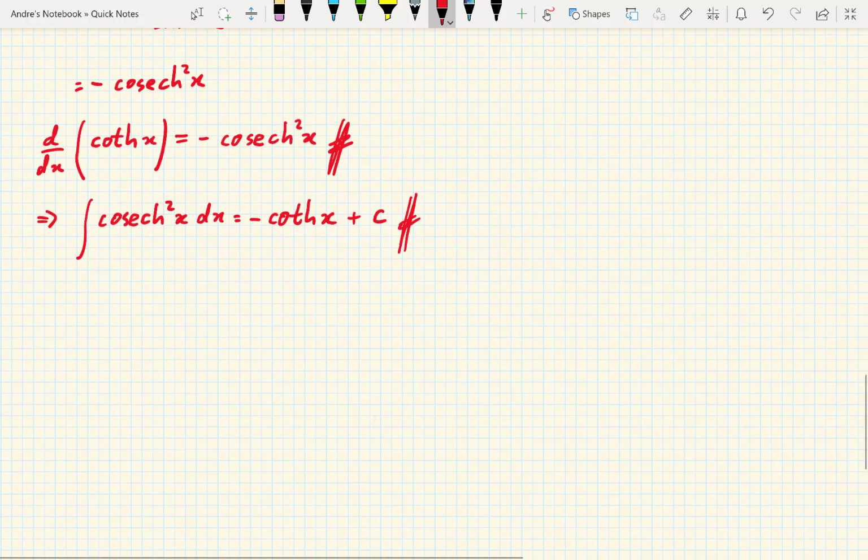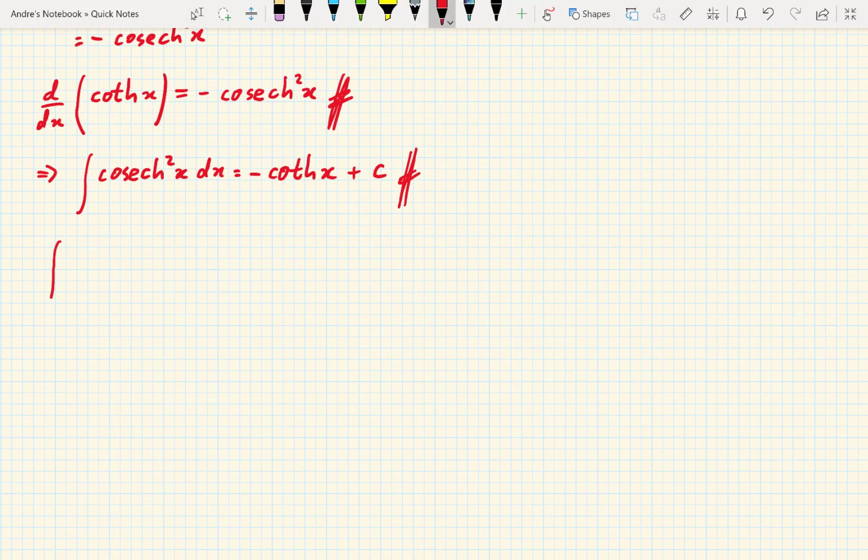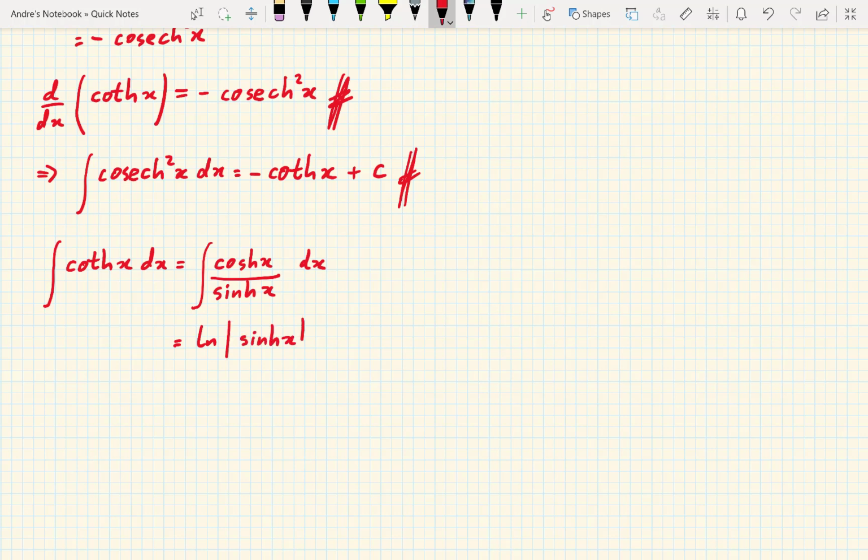To integrate coth x, we write it as cosh x over sinh x. Once again, we see that the numerator is the differential of the denominator, and therefore the integral is simply the log of the absolute value of sinh x. Notice that the absolute signs are needed here, because sinh x can be negative.